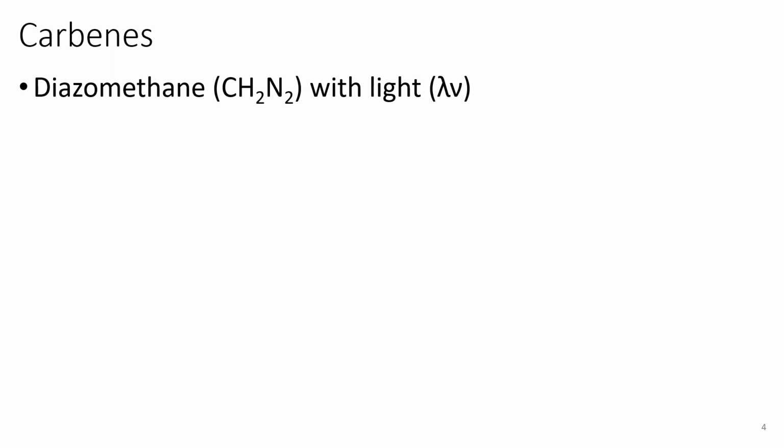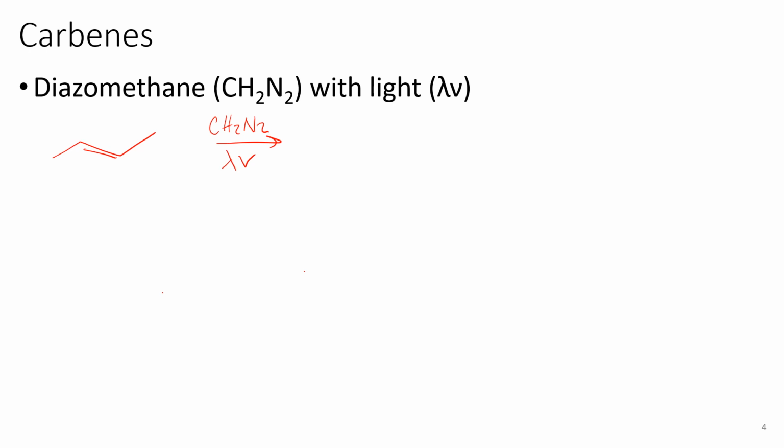So if we actually look at the reaction associated with diazomethane, which is CH2N2, with the alkene, the way that we would show light in our reaction is the same way that we would show that we need heat, or that we need to run it under reflux. We would include that h nu on our reaction arrow.